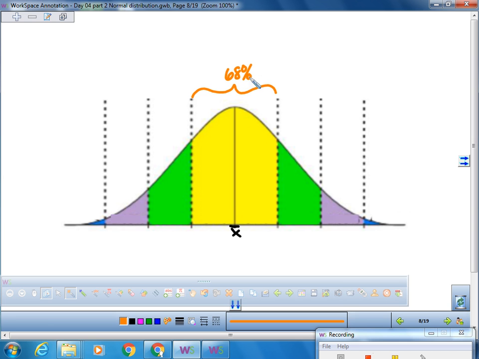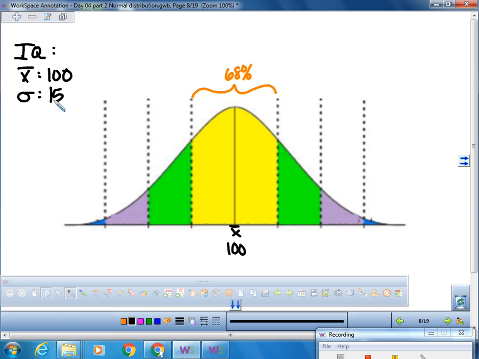So let's put the mean to it. An average IQ is 100. IQ score, my mean is 100, and my standard deviation is 15.